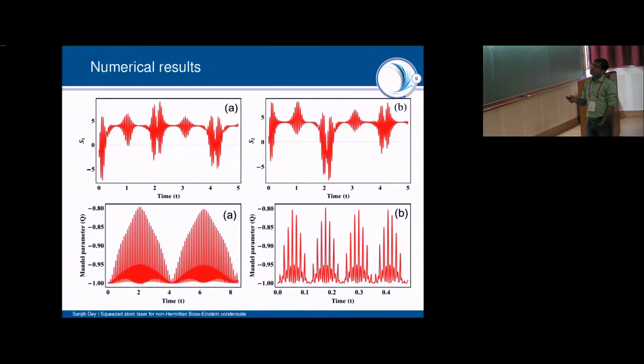Also in S2, we see that they go to the negative region. That means the squeezing does exist. And similarly, the Mandel parameter here is always negative, so they are always squeezed in photon number distributions.